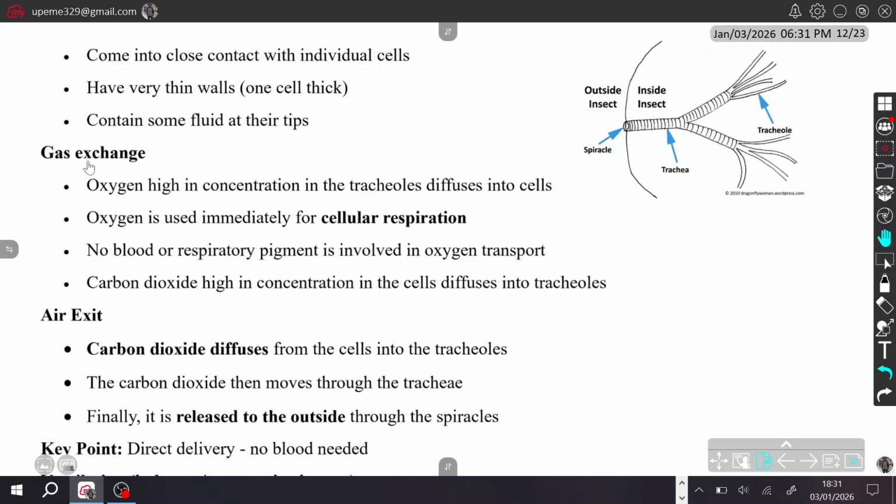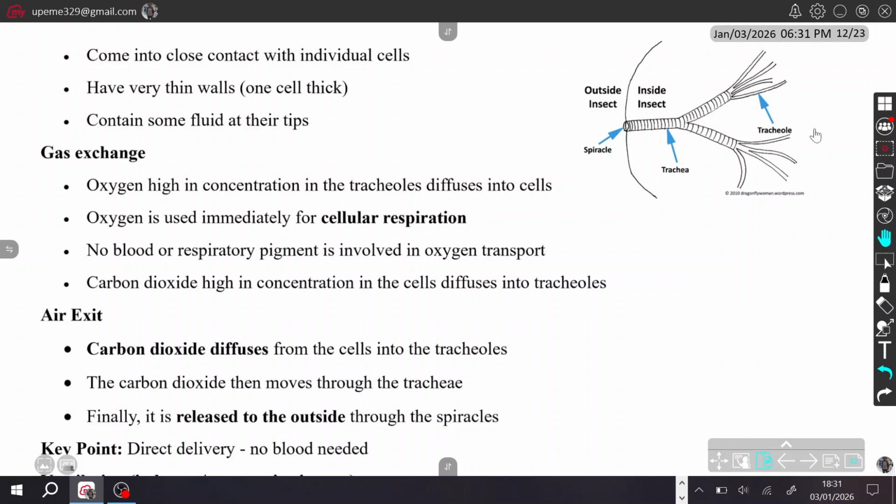So now gas exchange itself. Oxygen, high in concentration in the tracheoles, diffuses into the cells. Then oxygen is used immediately for cell respiration. So insects as well, they are breathing oxygen.